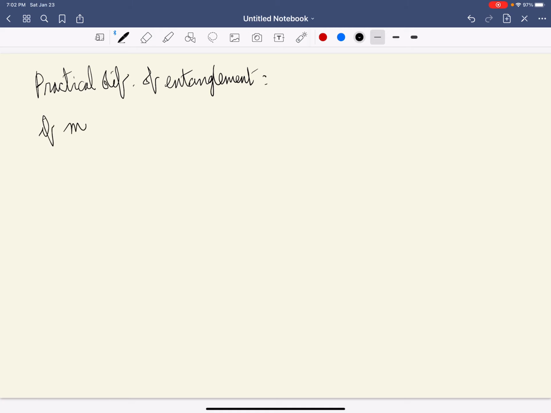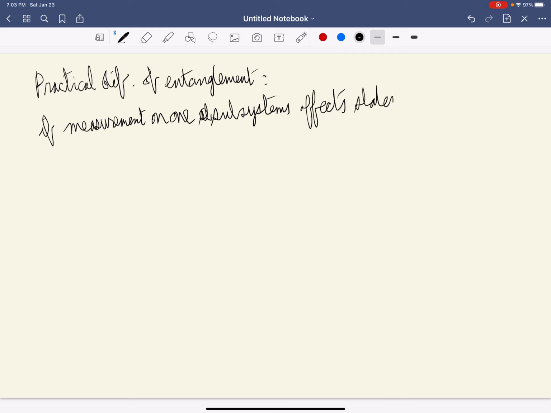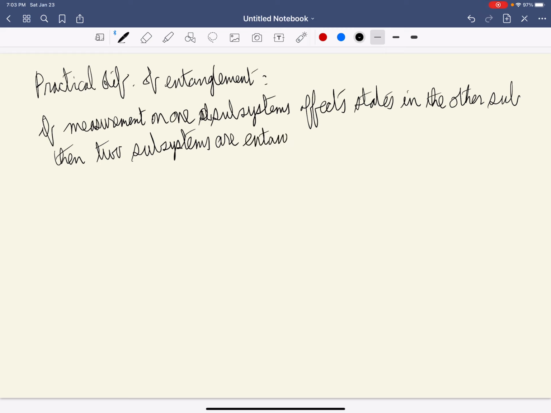If measurement on one subsystem affects states in the other subsystem, then the two subsystems are entangled.